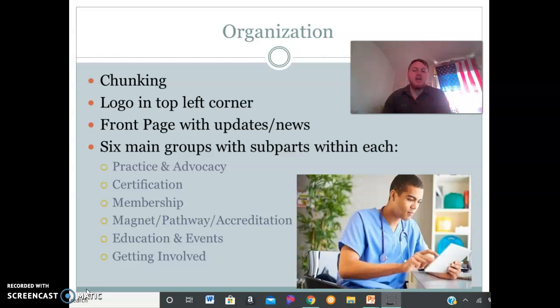Next would be education and events, which is more about the evidence-based practice that is being discovered and events you can participate in and work with the ANA. And lastly is getting involved, which is the page where they accept donations, tell you where they're located, and how to join these events.